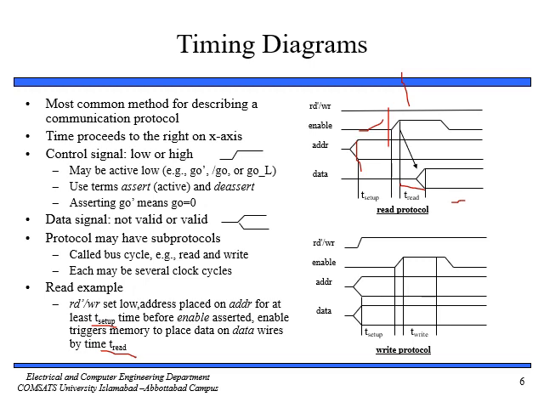At the same time, we are going to place the address. However, the writing will start here, once we have the enable signal. This is t write. So we must write during this phase.